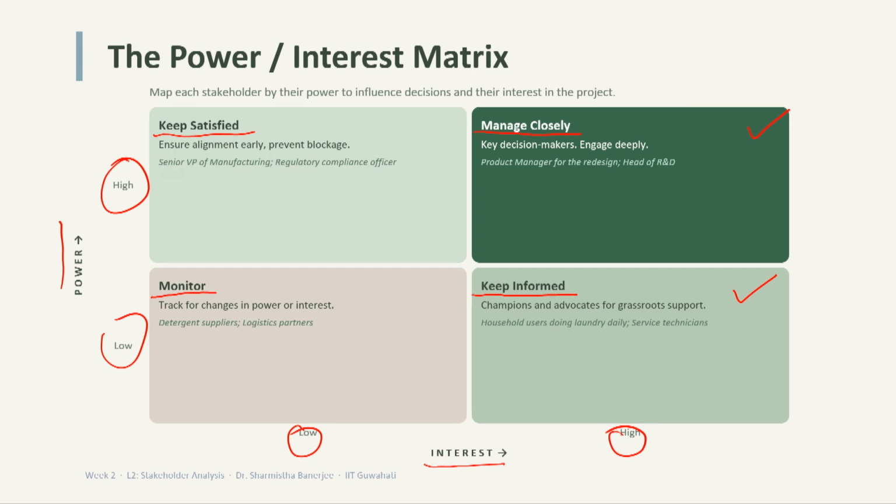If you look at it, these two categories of users are primary users and secondary users, whereas the previous one which we were discussing, manage closely, they were the tertiary stakeholders. So we are considering this stakeholder analysis from two different perspectives. One perspective is who is in direct contact or who is responsible for keeping this product working, or provides all other sorts of support like being a detergent supplier, water provider or electricity provider.